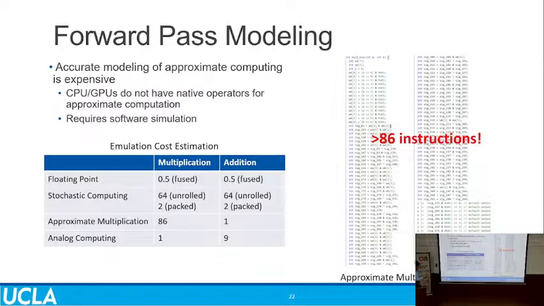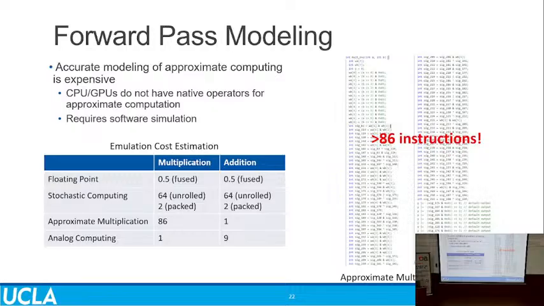Here's an example of how much time it takes. If I take floating point, normalized to 1 unit, it's roughly 0.5 for multiplication and 0.5 for addition. Then if I use stochastic computing and unroll it with 64-long bit streams, it takes about 64 cycles. If I do approximate multiplication to emulate it, it takes about 86 cycles.